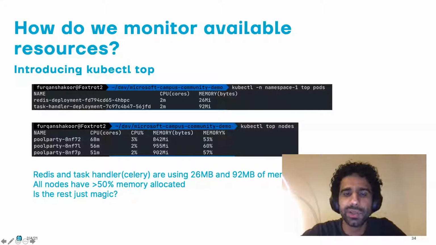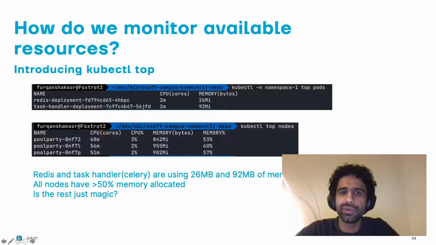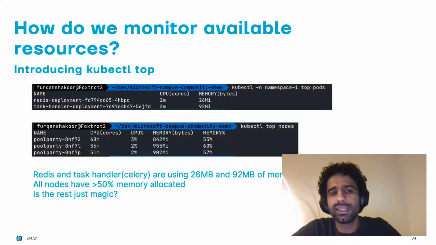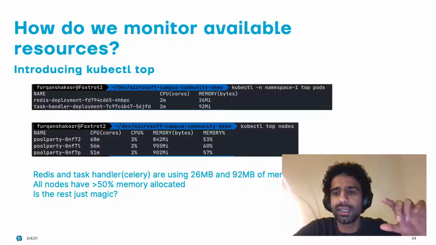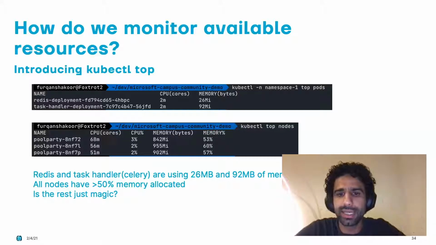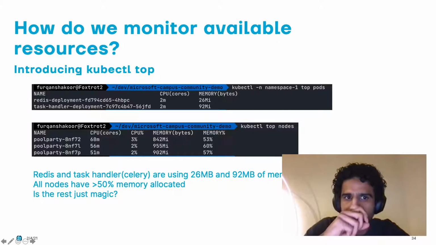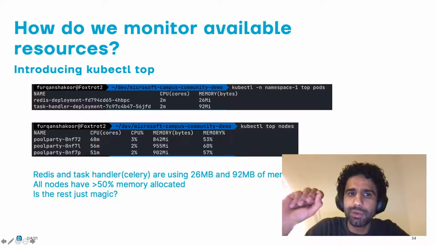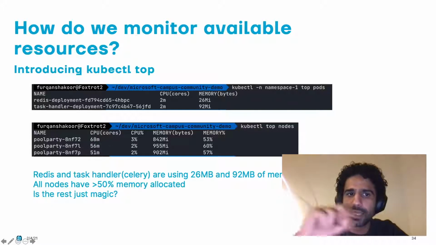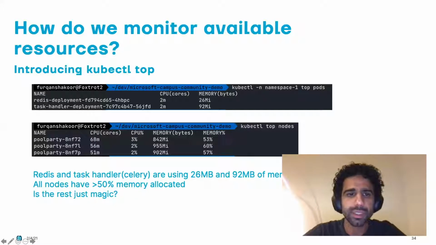And this is how Kubernetes reports usage to you. And this is how you set resource limits as well. In the resource limits configuration that Sahil showed you in the beginning, you could see also that CPU limits were defined with an M in terms of milli CPUs. So here we see that Redis and the task handlers are using 26, 92 MB of memory.